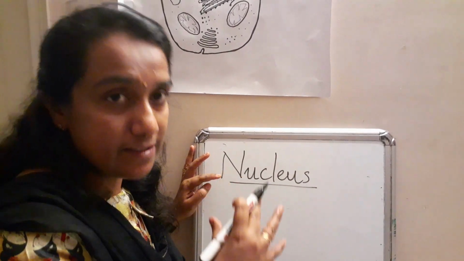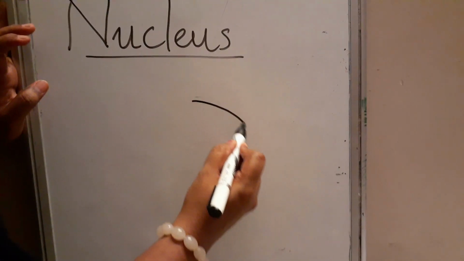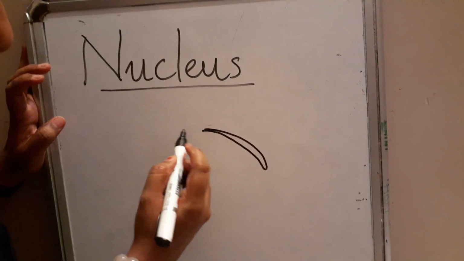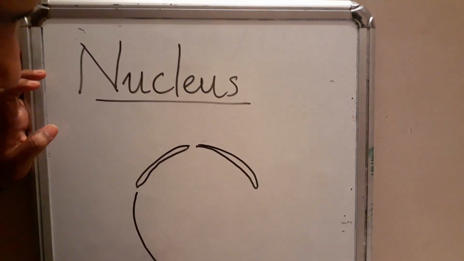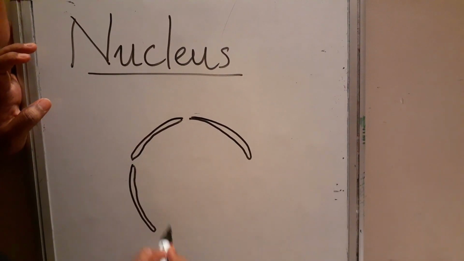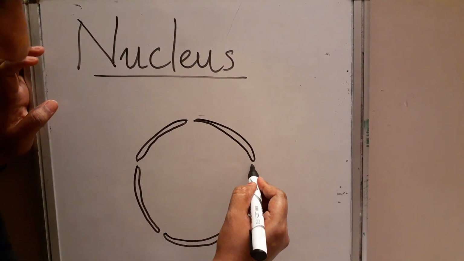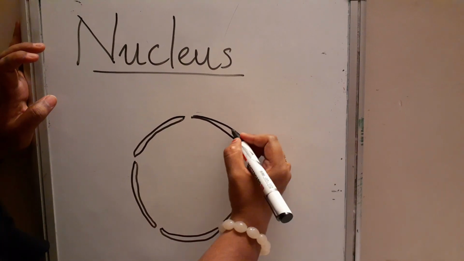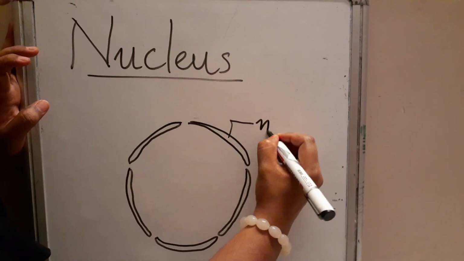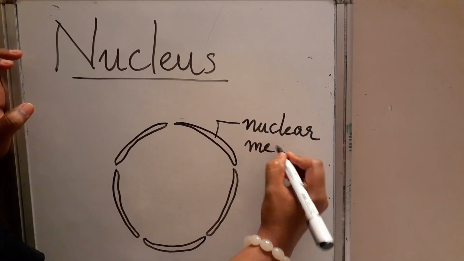Once again we will see the structure of the nucleus. We can see the nucleus, its outer layer is double layered. This is the nuclear membrane.